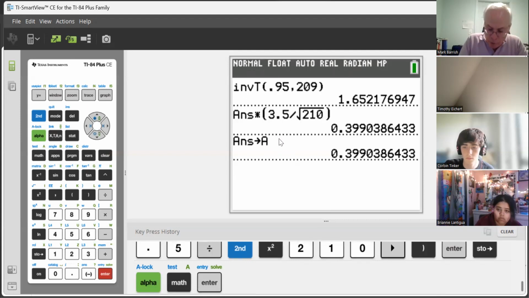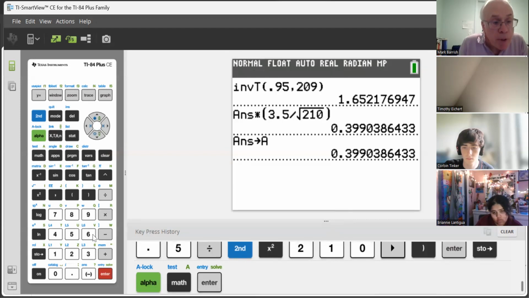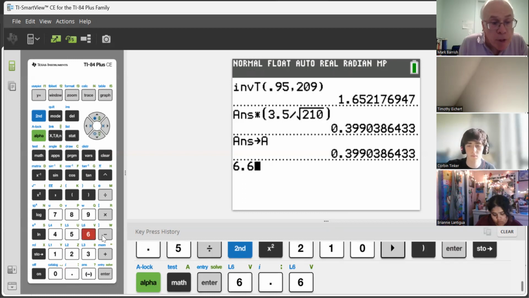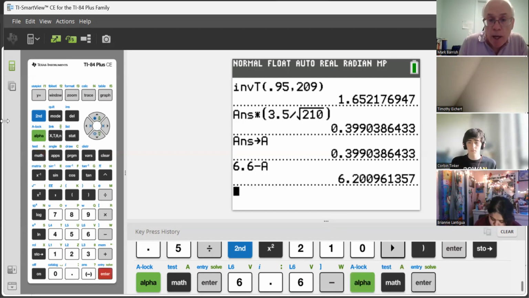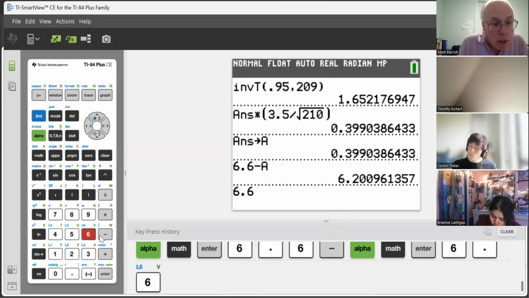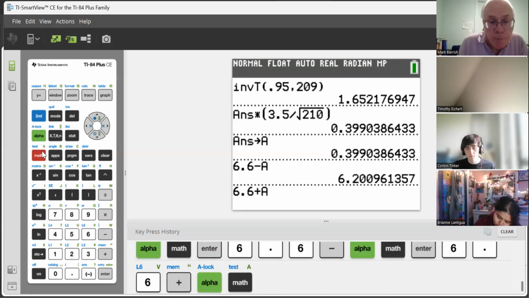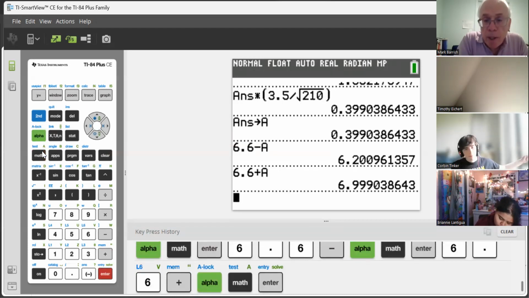And now I'm going to use the sample mean of 6.6, subtract the margin of error, which happens to be stored in A. There's my lower endpoint. And the upper endpoint is going to be 6.6 plus the margin of error. And there's your answer.